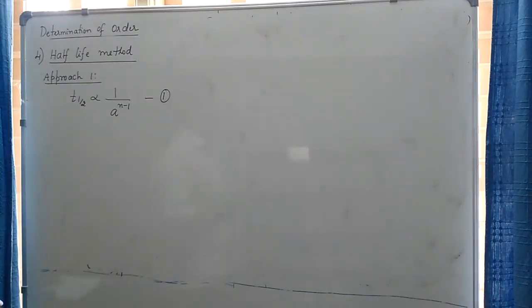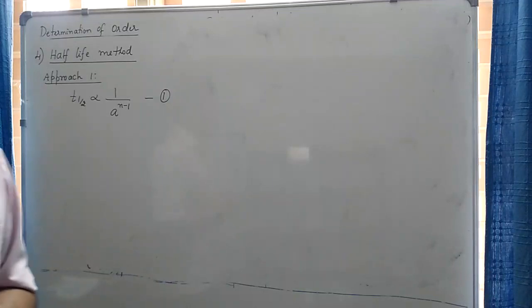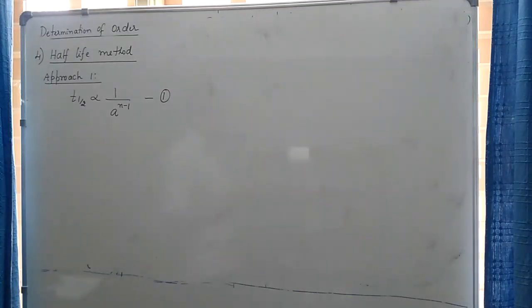In my earlier lecture, I described the importance of the relation between half-life and the concentration of the reactant. The relation between half-life and the reactant concentration in fact depends on the order of the reaction. As the order of the reaction changes, the relation also changes.